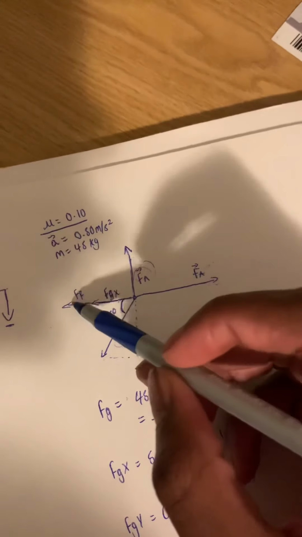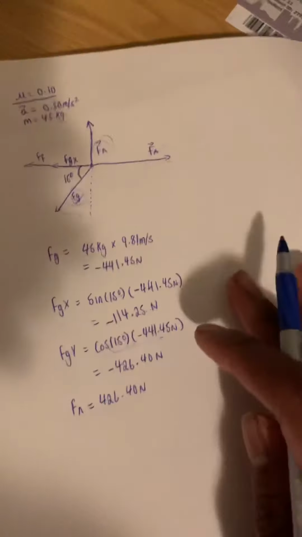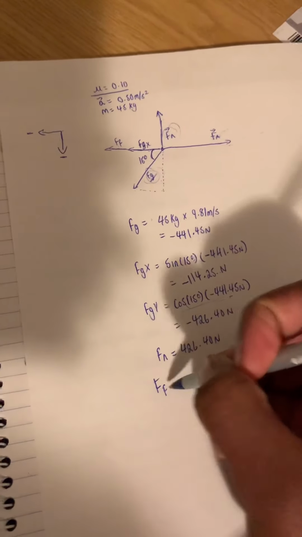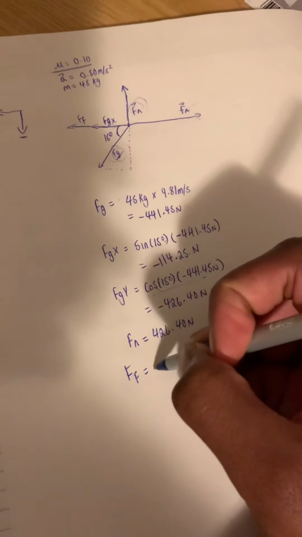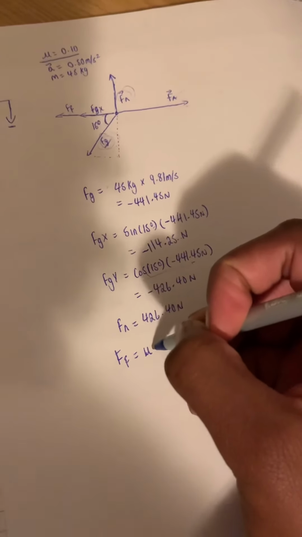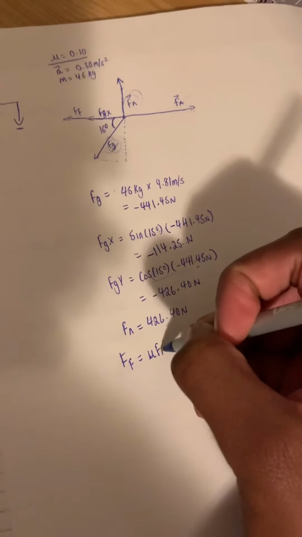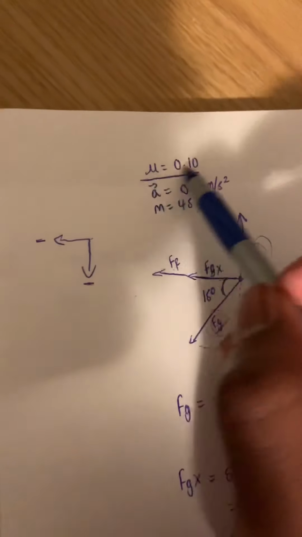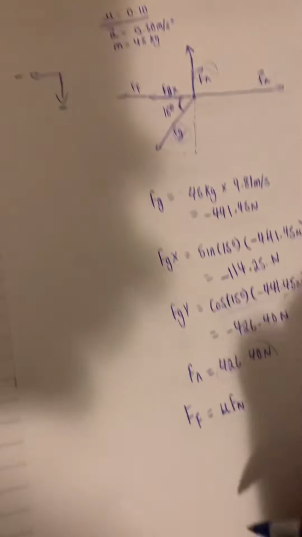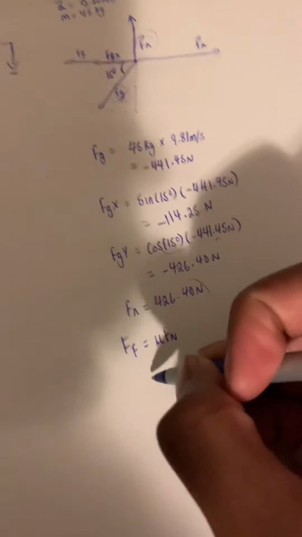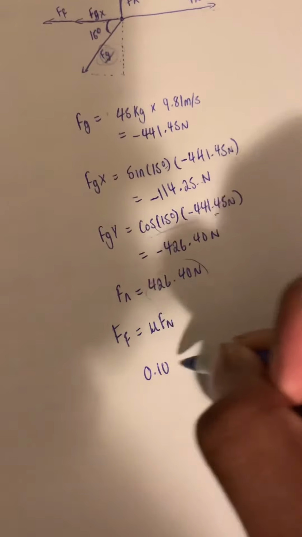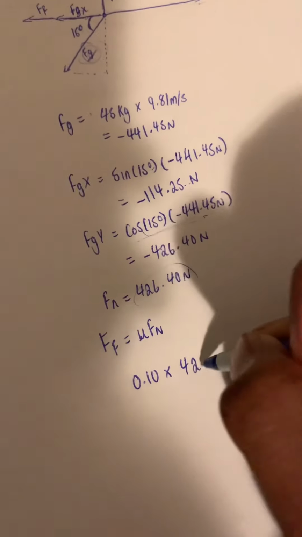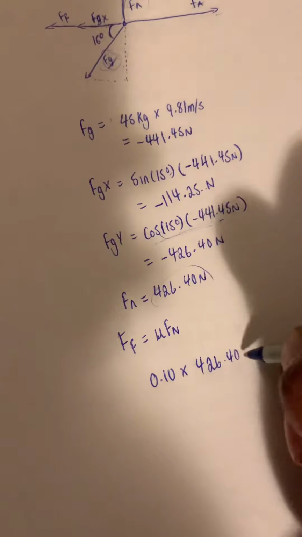And now we have to figure out the frictional force. Okay, so the formula for frictional force is mu times normal force. We have our normal force right here, and we've been given the mu already, so that should be pretty easy to figure out. So that's 0.10 times 426.40.